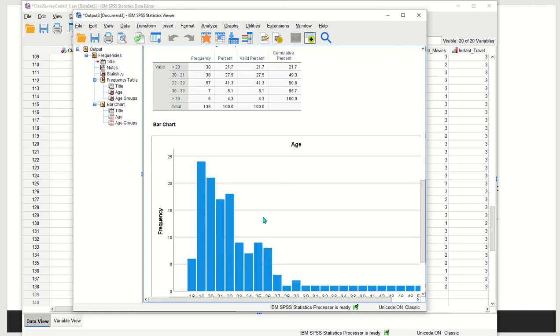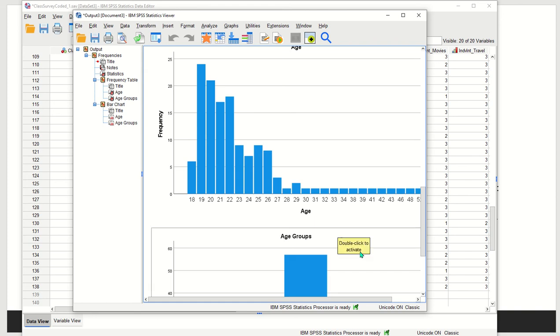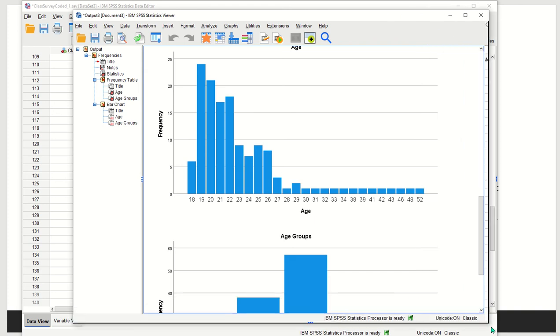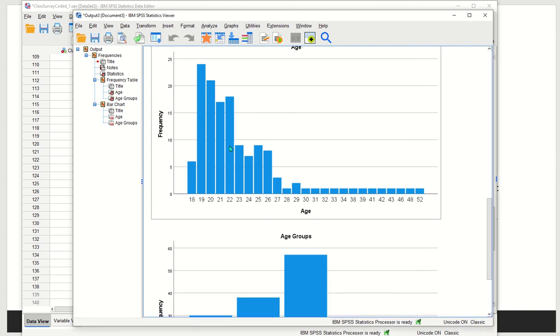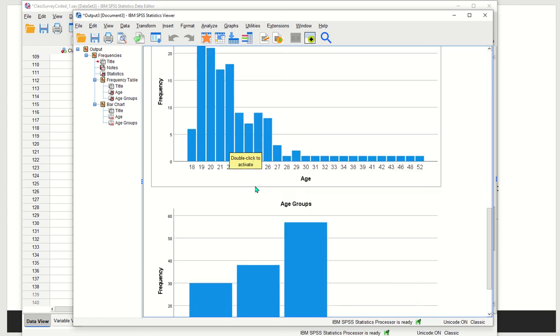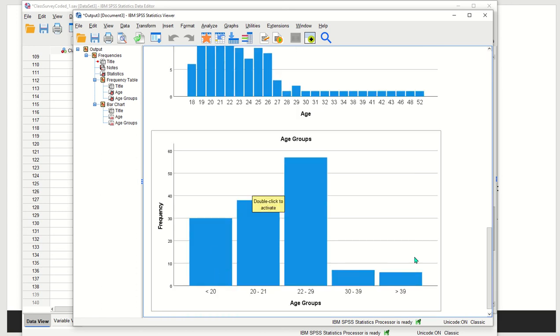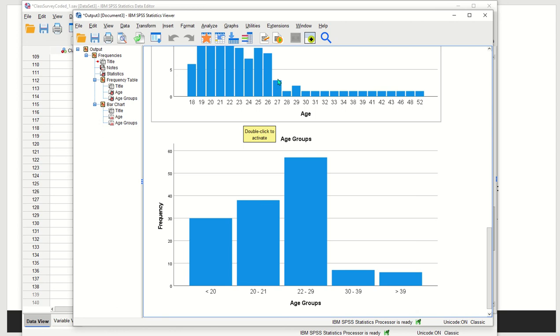That's much more manageable. And even the charts, they're kind of messy looking for running a frequency on age. And especially if you have a more diverse group or age group in your sample, people who are much older and much younger than this sample, for example, this would be much larger. But age groups, much more manageable, right? Okay.